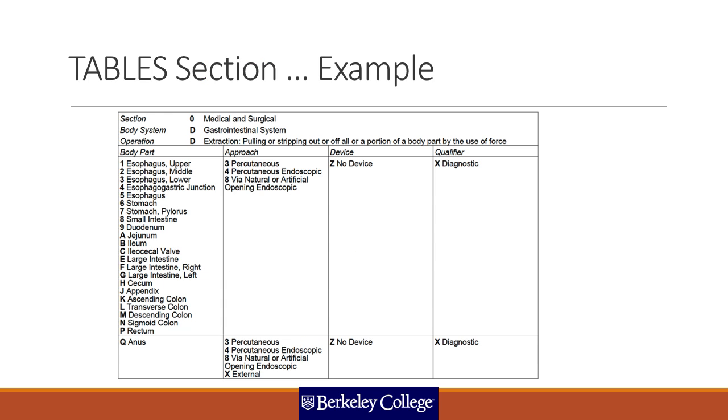The table section is set up in, oddly enough, tables. Oh, that was a clever name, right? Okay, this is what it looks like in your code book table section. And what you're going to do is build the code using this table.